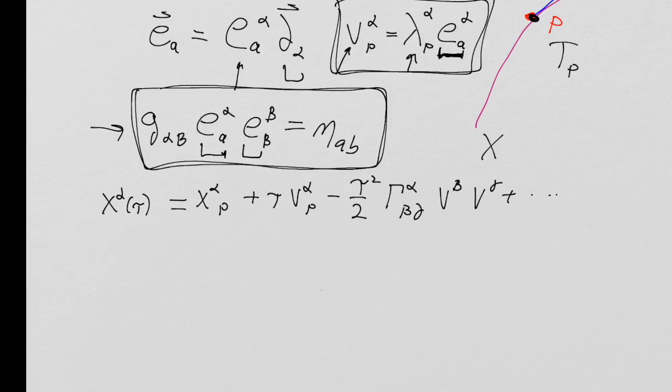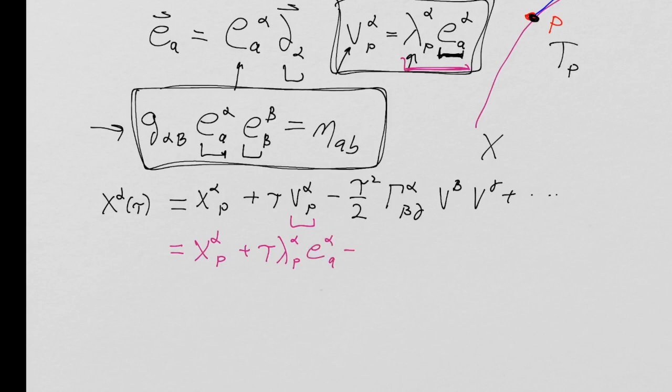And we're going to start our substitutions systematically. So we're going to substitute first for this guy. We're going to use this expression here. So I will write x^alpha of P plus tau times lambda^A at P E_A^alpha.